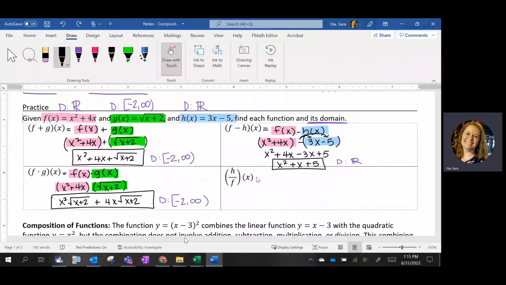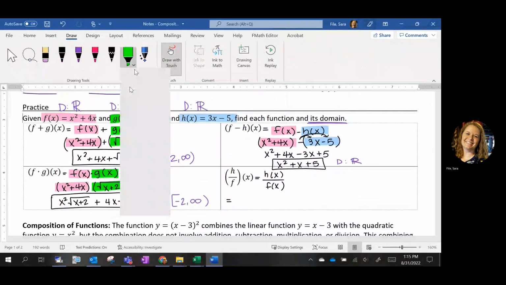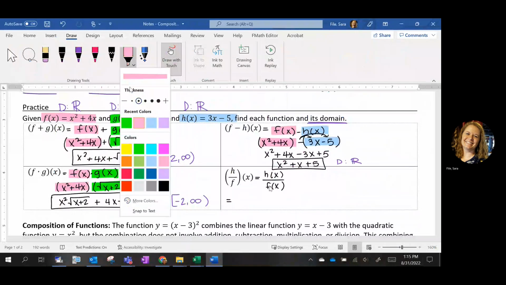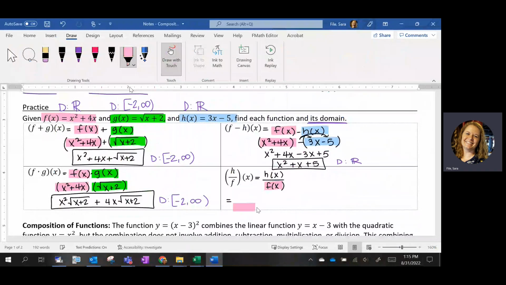Okay. All right. Now here we've got h over f of x. So again, that can be written as h of x over f of x. So I'm going to write that out. F of x is in the denominator.